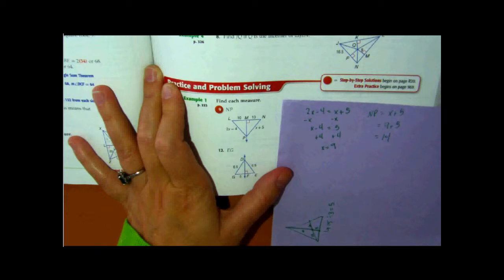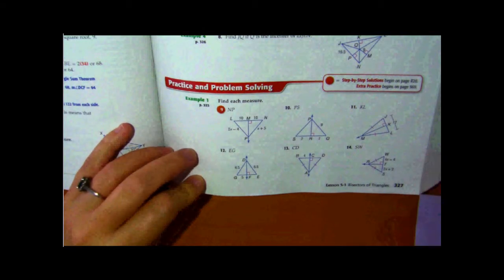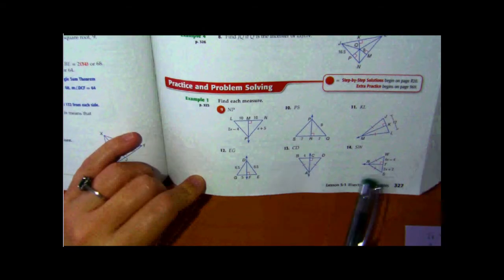Everybody okay with those problems? Yes, no, maybe? Okay. Try 10 through 14.